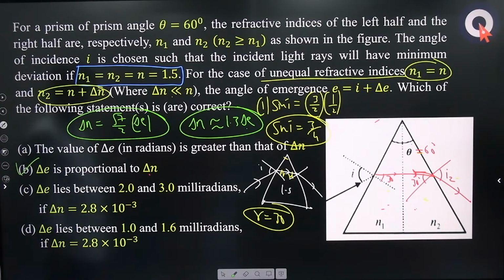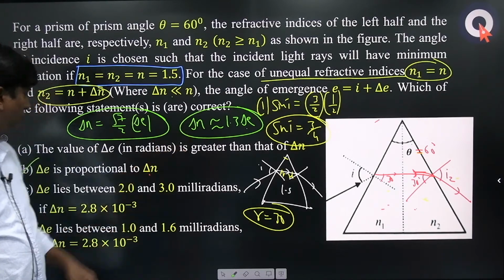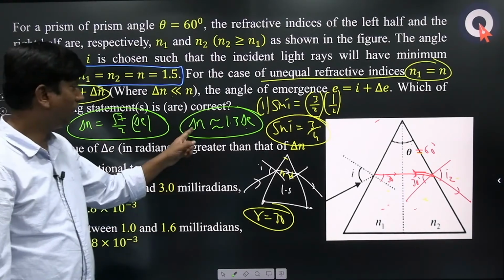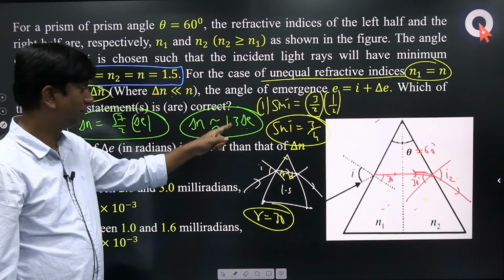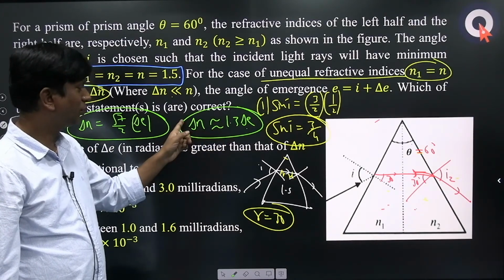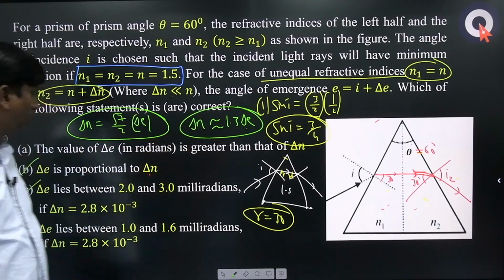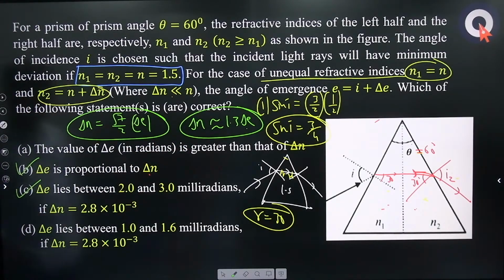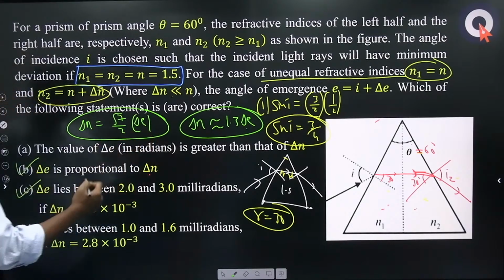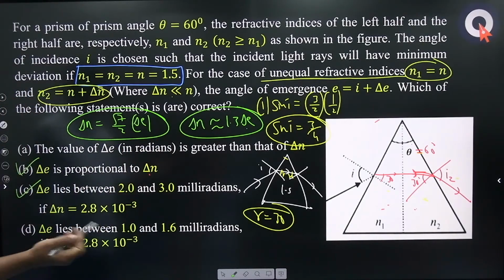Just check: if delta N is 2.8 into 10 power minus 3, then delta E will be 2.8 by 1.3, which is 2 point something into 10 power minus 3, which is in milliradians. This will be correct.